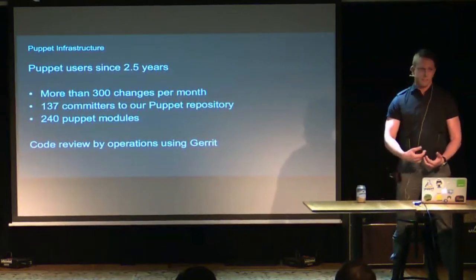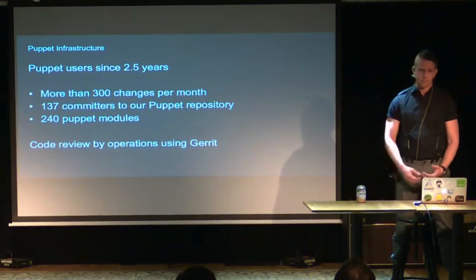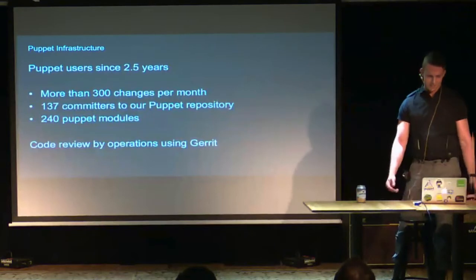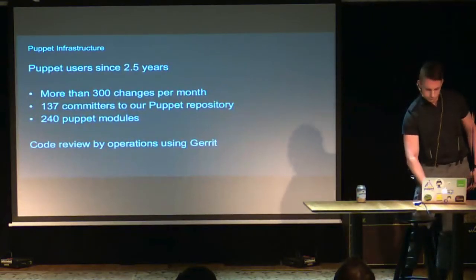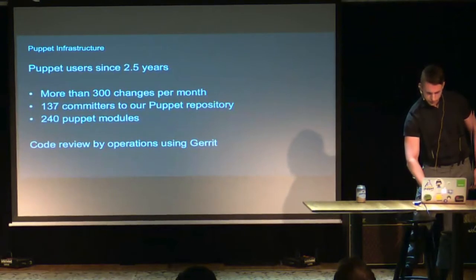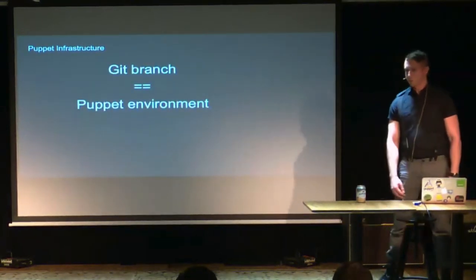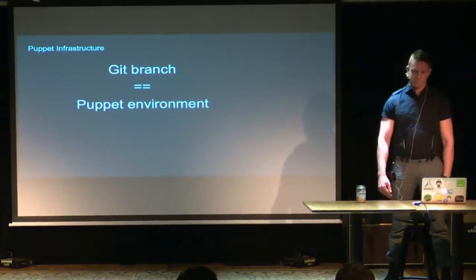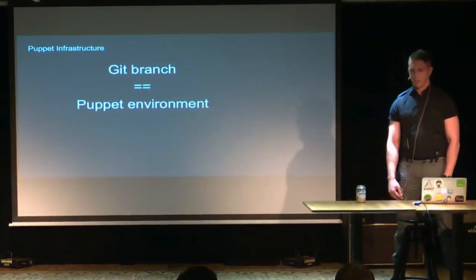We have Puppet modules for pretty much every backend service that we have, and then a whole bunch of components for databases and that sort of stuff that are shared between services. And to be able to scale this to this many people, we map Git branches to Puppet environments, which I think is a very good technique.